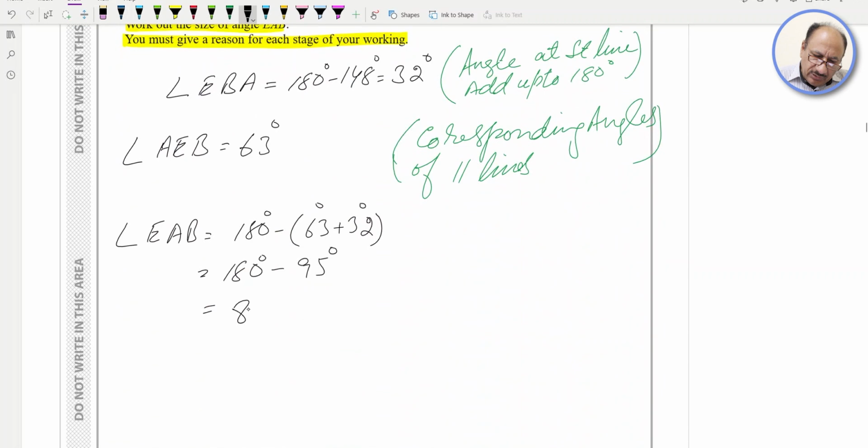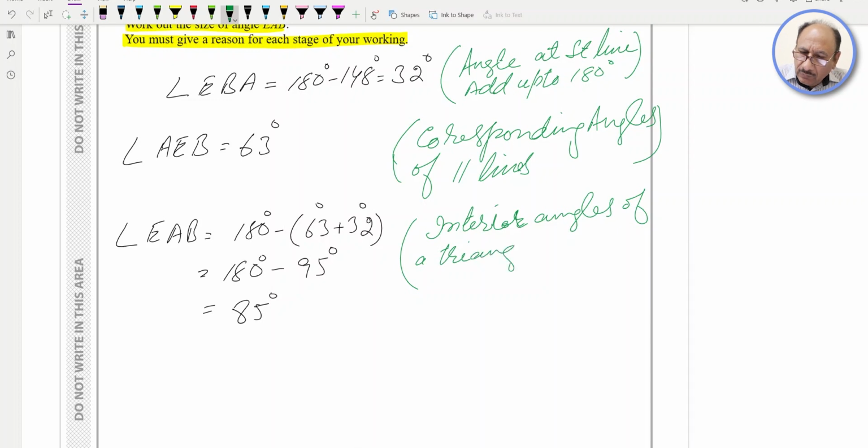So this will be 85 degrees, and the reason for this one will be: interior angles of a triangle add up to 180 degrees. This will be the reason.